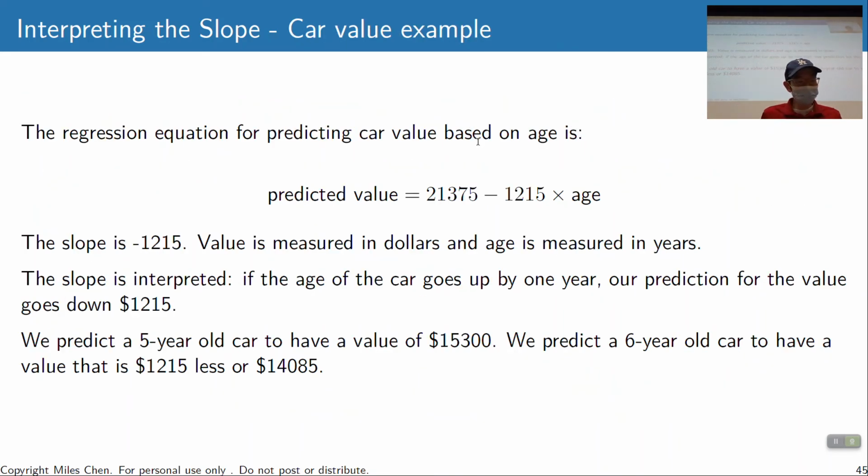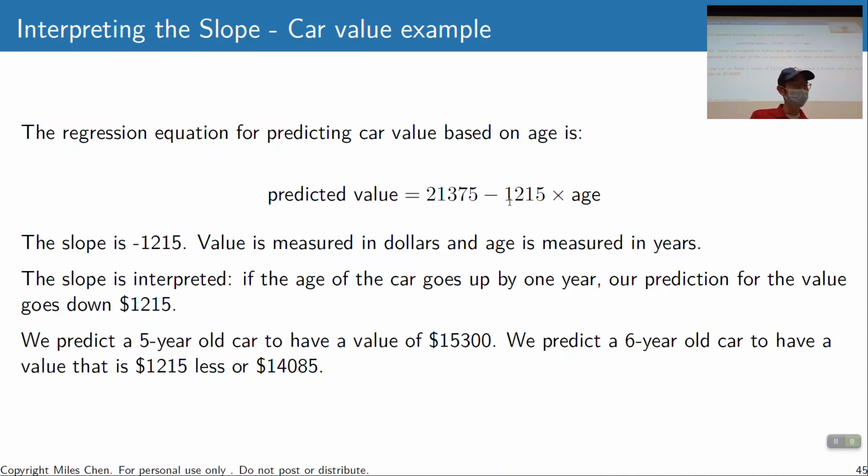Here is another example. We revisit the used car prices. And here we're saying, okay, the slope is negative 1215. The x variable is the age, measured in years. Value is dollars. So if the age of a car goes up 1, our prediction goes down 1215.